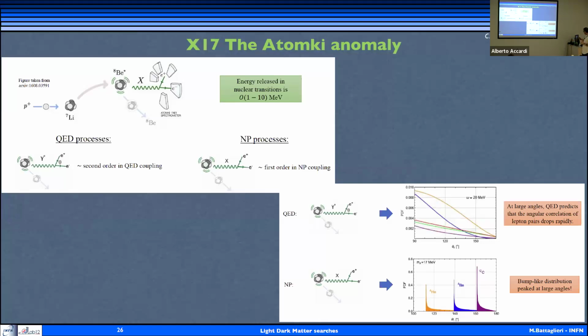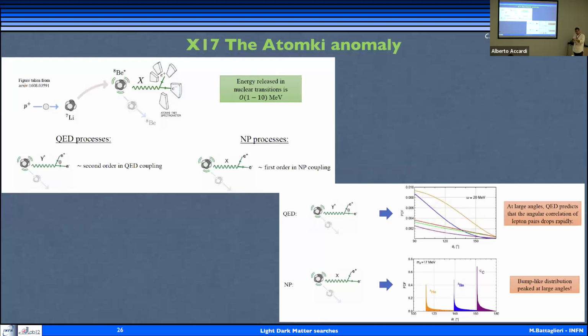If you look at the angular distribution, if they are produced by, let's say, a nuclear process with gammas of all possible energies, this is going to be something smooth with no peaks. But if you have a resonance in between, if I plug in a well-defined mass for X, you get a sharp peak.